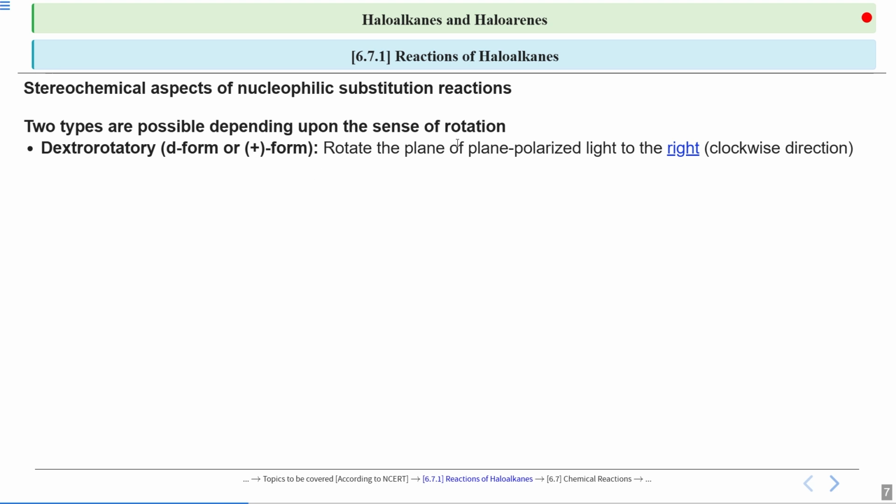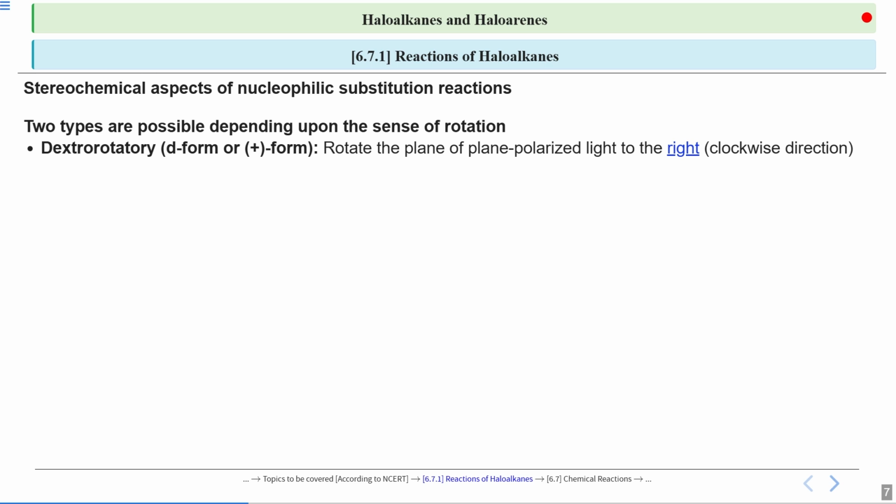They are the compounds which rotate the plane of plane polarized light to the right side, that means in the clockwise direction. Clockwise direction means, like in a clock, if you start from 12, after 12 the clock will go to 1, then it will be 2 o'clock.